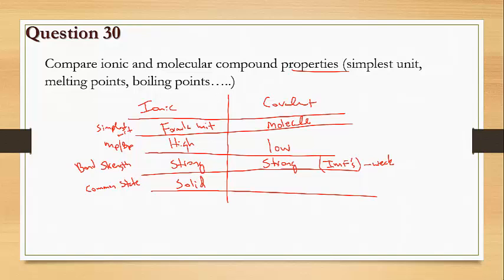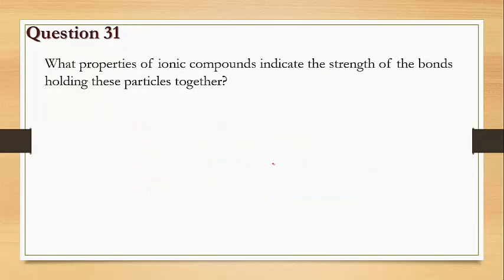And we're going to get into more of that in second semester as well. And then the common state is actually going to be all of them, so solids, liquids, and gases. Okay? Make sure you know that. Again, we've stressed that a number of times throughout this semester, so it's probably going to show up again on the final.